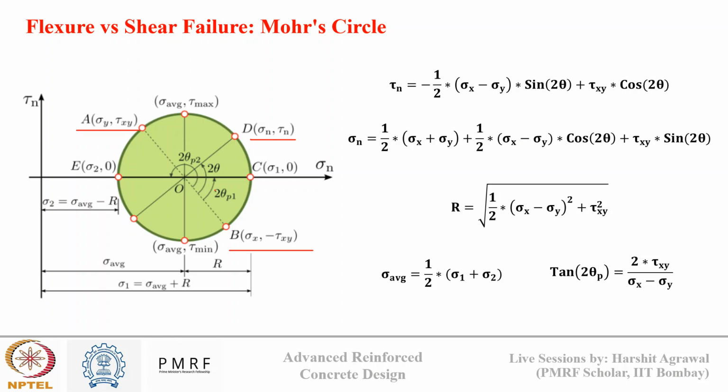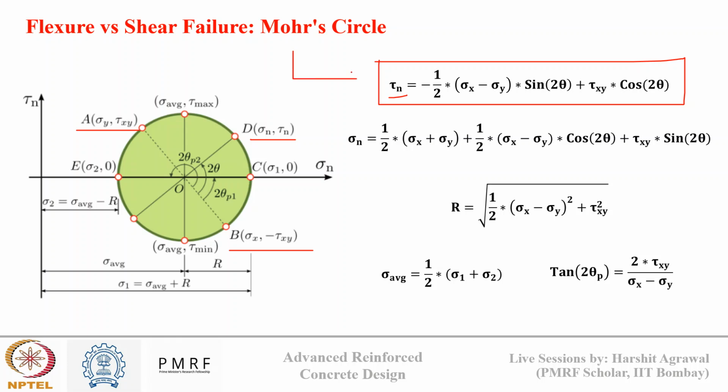So we know at this point the shear stress is given by this equation, a relationship that has been derived for Mohr circle. Shear at any point N is equal to half times (sigma x minus sigma y) times sine of 2 theta plus tau xy times cos of 2 theta.